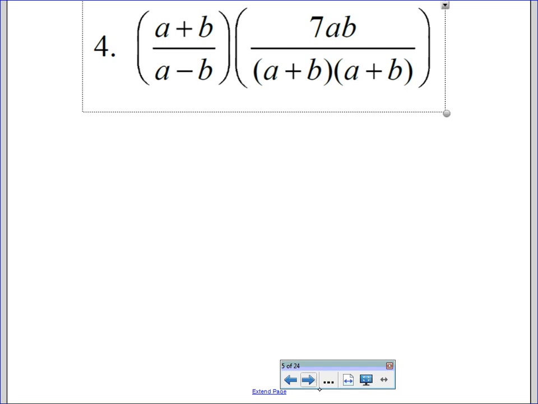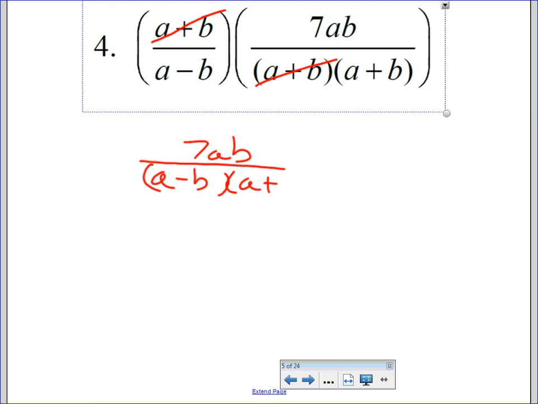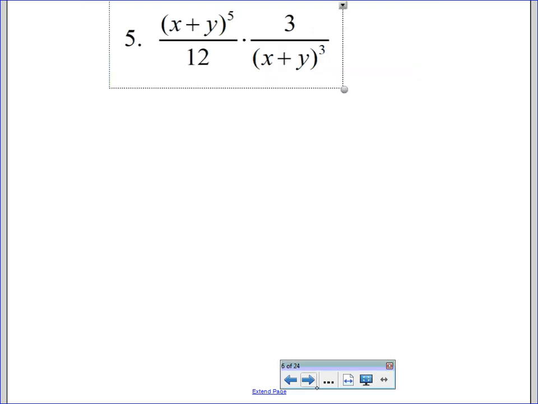Number 4, everything's being multiplied here, so all I'm going to do is cancel the a plus b's, and I'll end up with 7ab over a minus b times the quantity a plus b. All right, number 5 confuses people because they want to expand these two, but we don't want to do that.